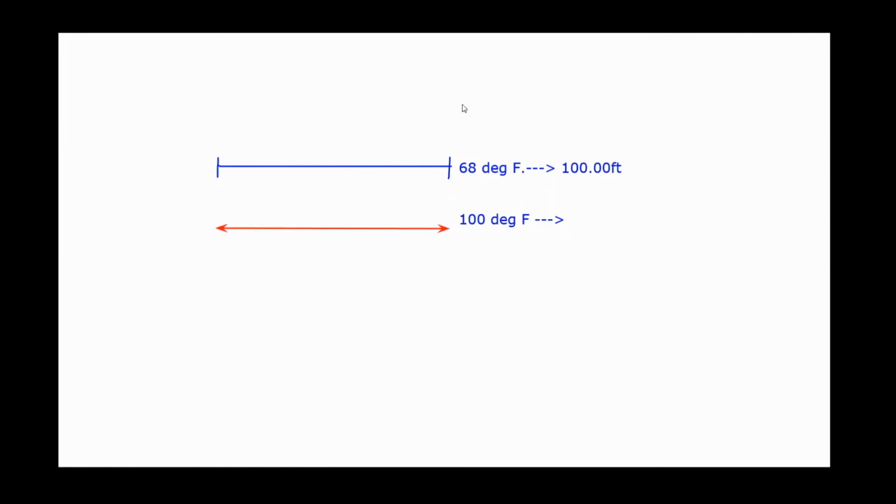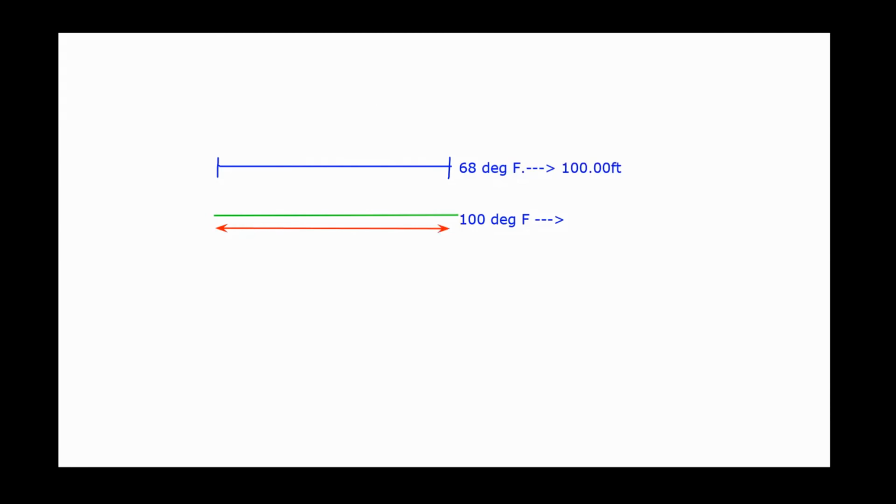Let's think about it here. What happens is, the tape is going to expand. So if this is the starting point, our tape is going to expand a little bit. So if the distance is 100 feet, you are going to get a less reading or a lower reading. Does that make sense? Let's repeat it in a different way.